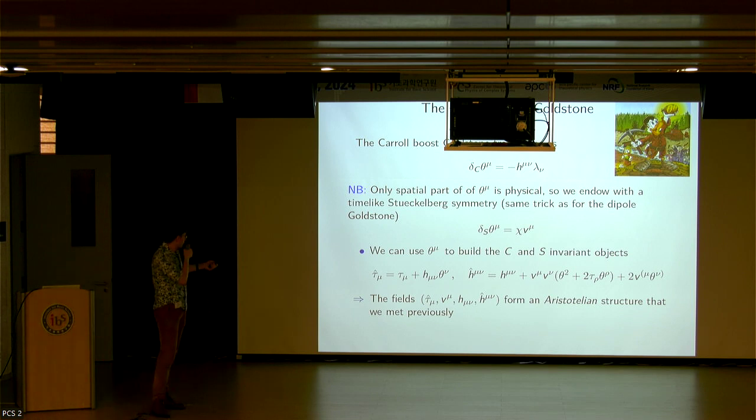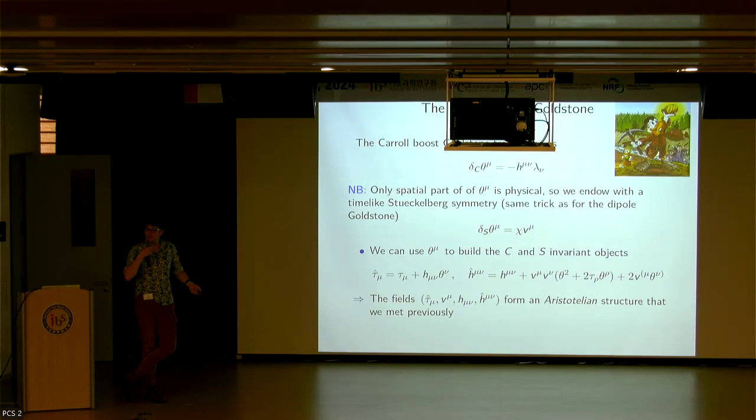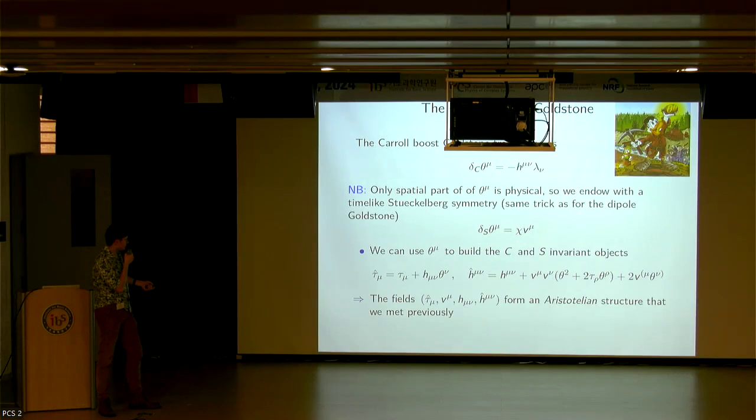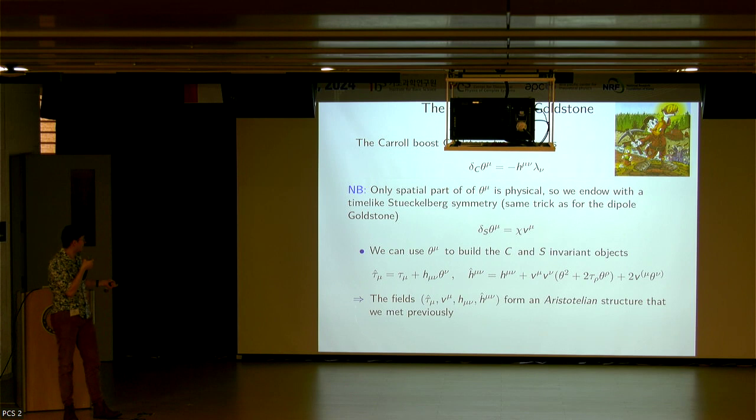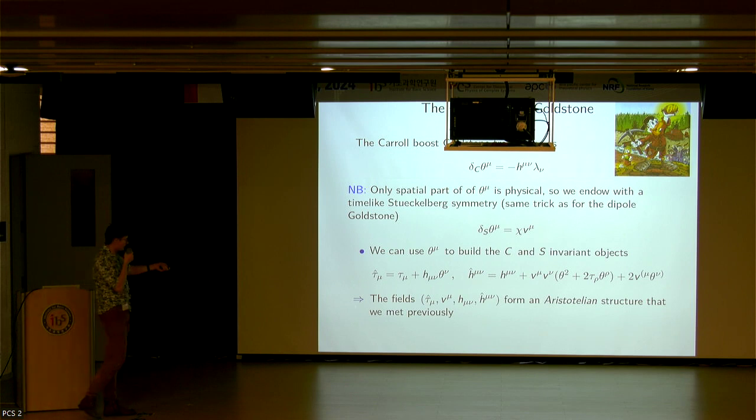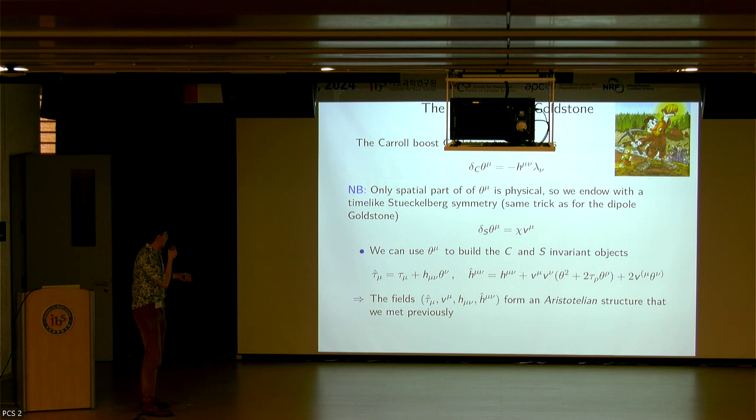Anyway, with this Goldstone in hand, you can build fields that are now completely invariant under the Carroll boost and also the Stuckelberg symmetry, of course, but that's not so important. The point is that if we make these combinations, we're suddenly back in this Aristotelian world where nothing transforms under anything, and we're effectively left with an effective Aristotelian structure, except that it now depends on the Goldstone.